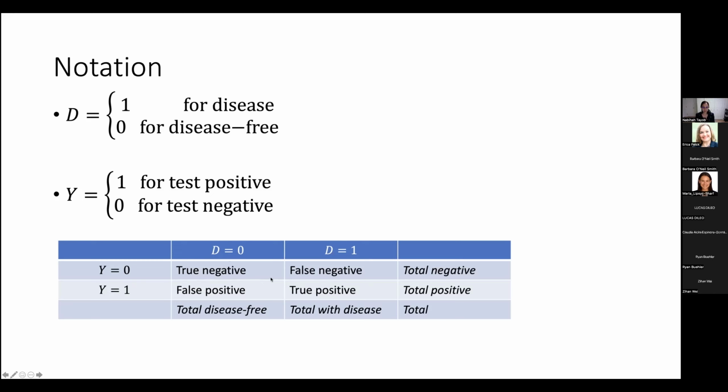And then the mistakes we would make is if they have the disease, but their test is negative, we call that a false negative. And if they don't have the disease, but their test is positive, we call that a false positive. So once we're evaluating this biomarker or the test, this is how we can separate patients out by their status relative to their true disease status, because the idea is this test is telling us something about the true disease state. So when we get it right, we get true negatives and true positives. When we get it wrong, it's a false negative and a false positive. Okay.